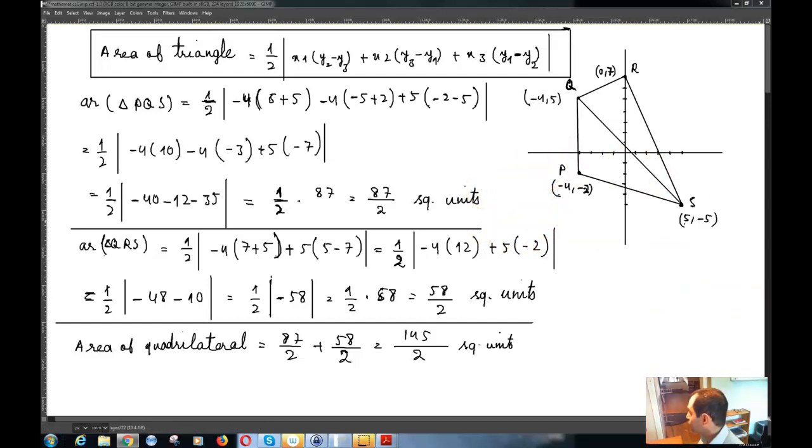Therefore the triangle ABC is equal to 29 units.